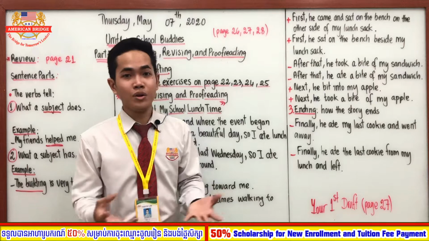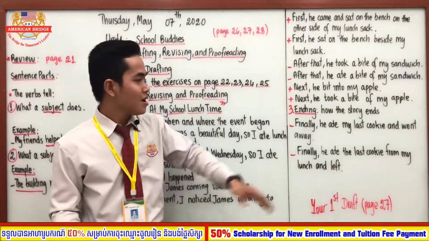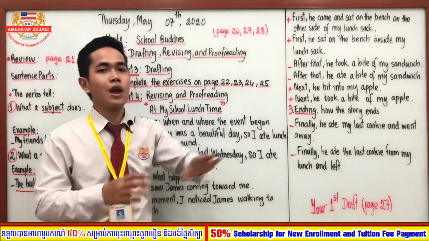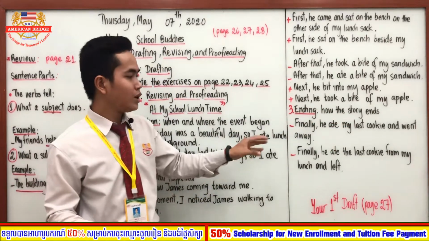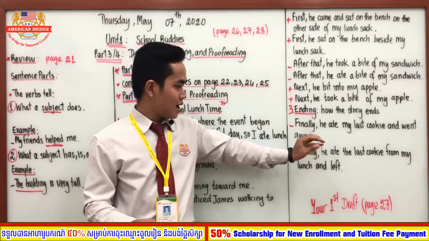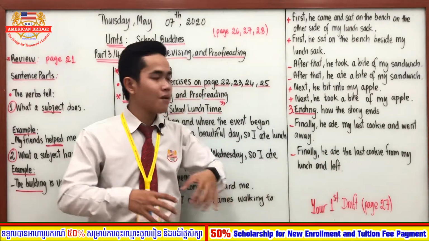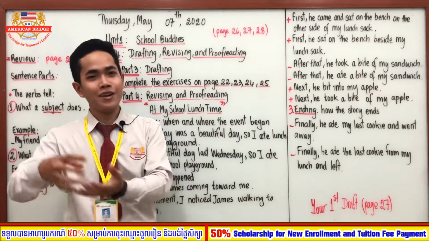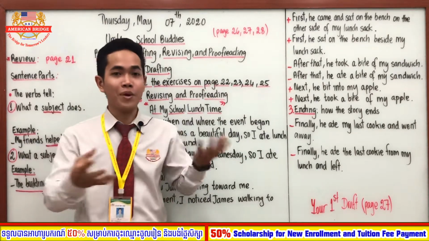"Finally, he ate my last cookie and went away." Or you can say, "Finally, he ate the last cookie from my lunch and left." Left here means that he ran far away from her.